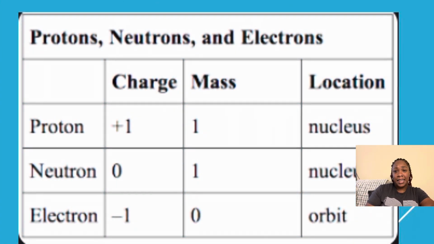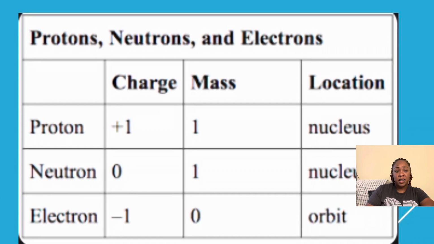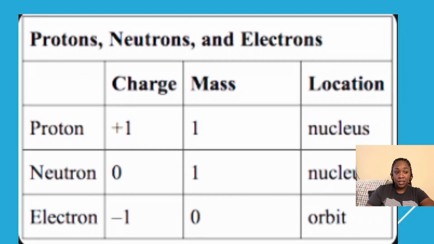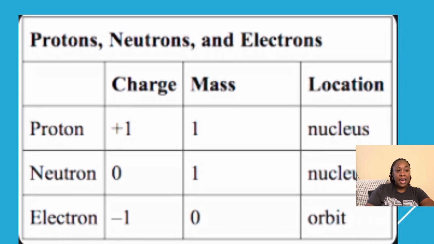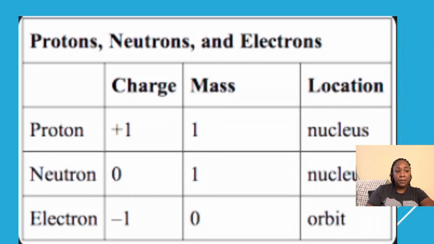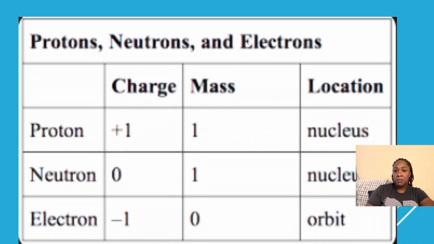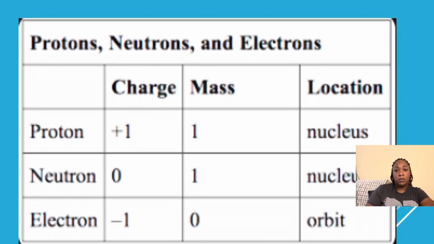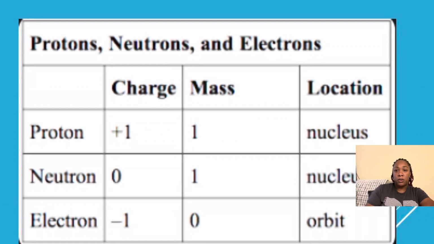Now, this slide compares the charge, mass, and location of our protons, neutrons, and our electrons. So the protons and the neutrons have the same mass. The mass is about 1 gram. The electron, in some books you're going to see its mass as 0, but in some books you may see 1/1640 or 1/2000.